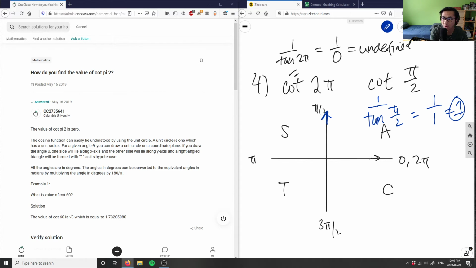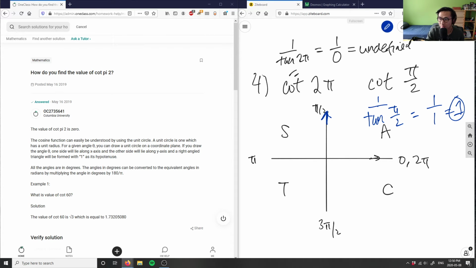So let me show you a chart of how we know this. Cotangent is simply 1 over tangent, right? The same with sine: cosecant is 1 over sine, secant is 1 over cosine, and cotangent is 1 over tangent.